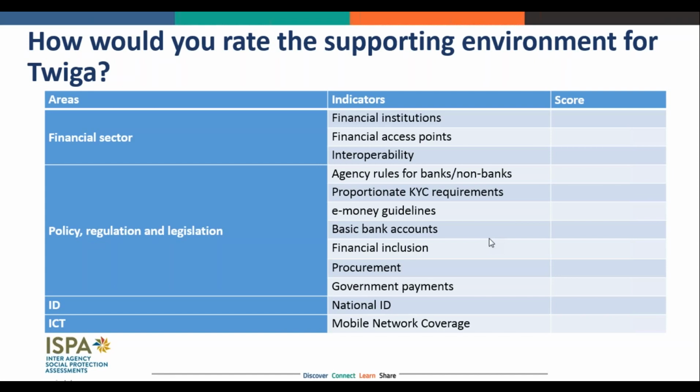So looking at the assessment matrix starting on page 148, if you have that in front of you, you should see the 4-point score that we're using, and I'm wondering what your thoughts are on how we should be scoring the financial sector, in particular financial institutions. Are any of our attendees, our participants, willing to step forward and propose a score?